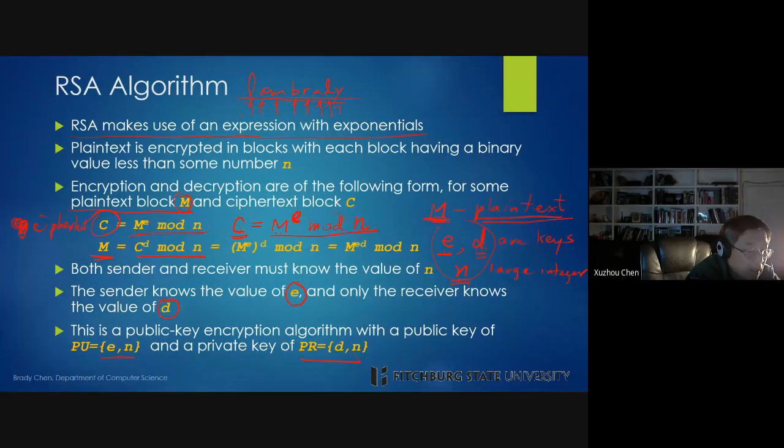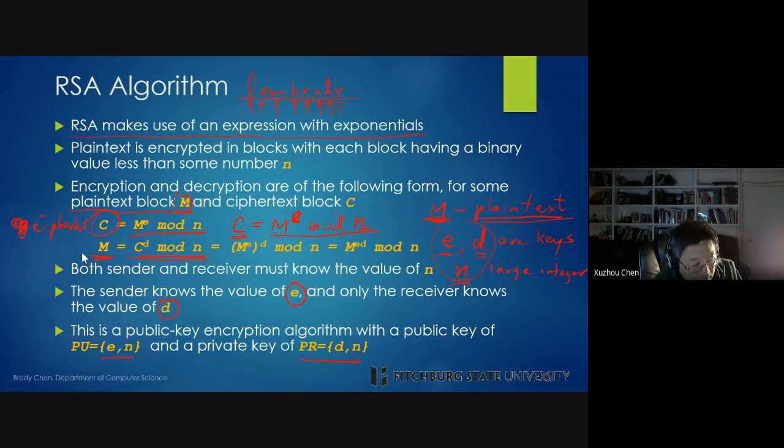Either e is the public key or d is the private key. Then we can use the other key to decrypt it, and we get m back. So that's the math behind the RSA algorithm.